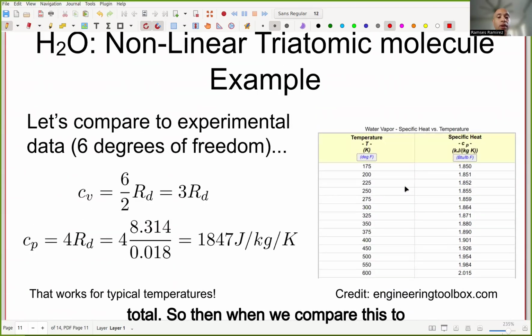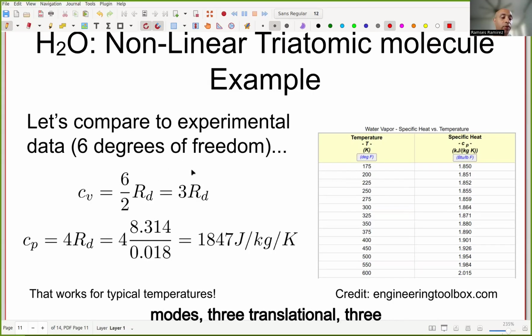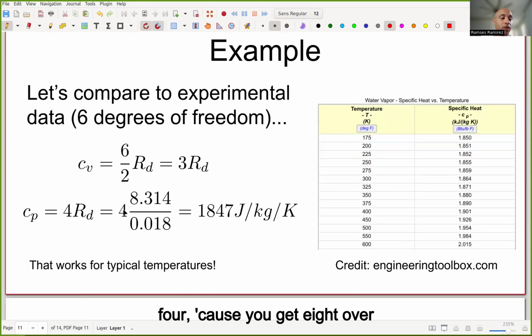So when we compare this to the experiments, we want to capture that, right? You've got the six total modes, three translational, three rotational, to get C sub V. 6/2 is 3 RD, plus you add another RD, that's 4 RD, because you get 8/2 is 4.